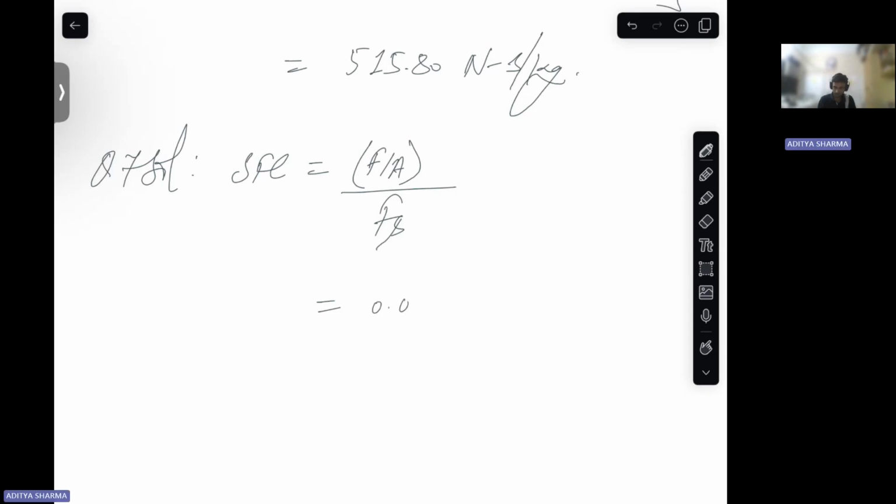Fuel to air is 0.0176 divided by 515.80.